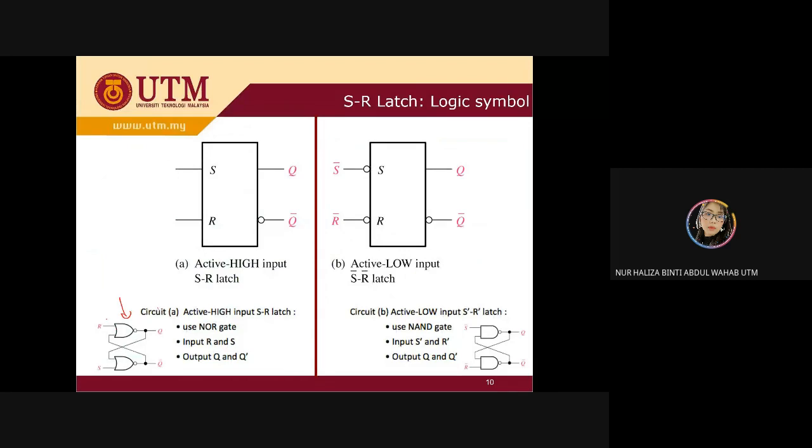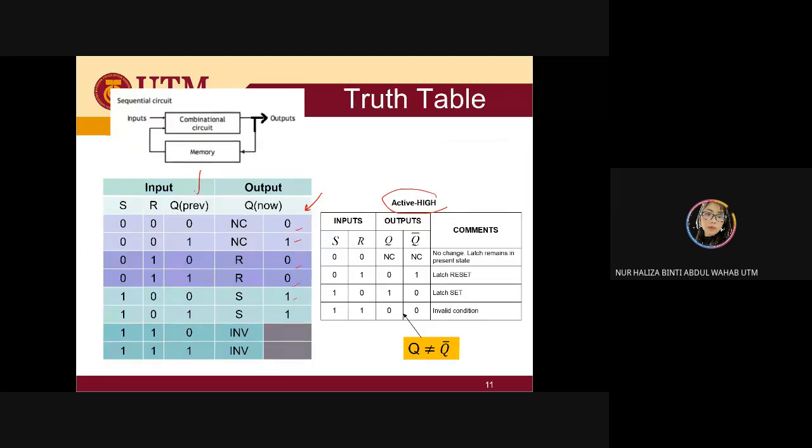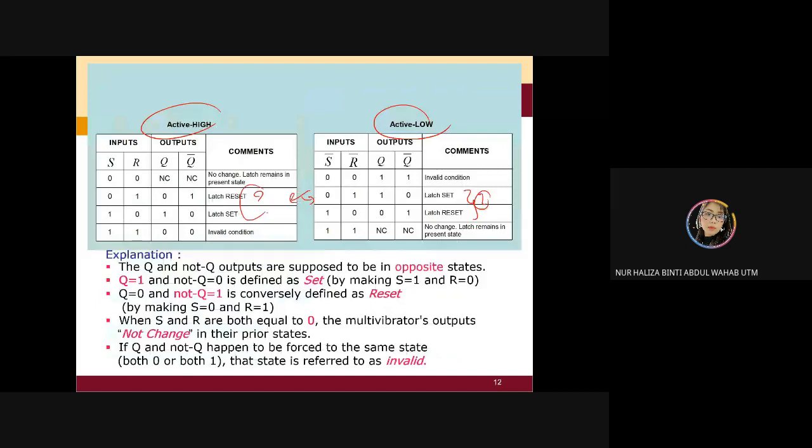We put 0, 0, 1 or whatever input similar to this table, then we finally get this table. For the active high, you can also try to derive the active low.